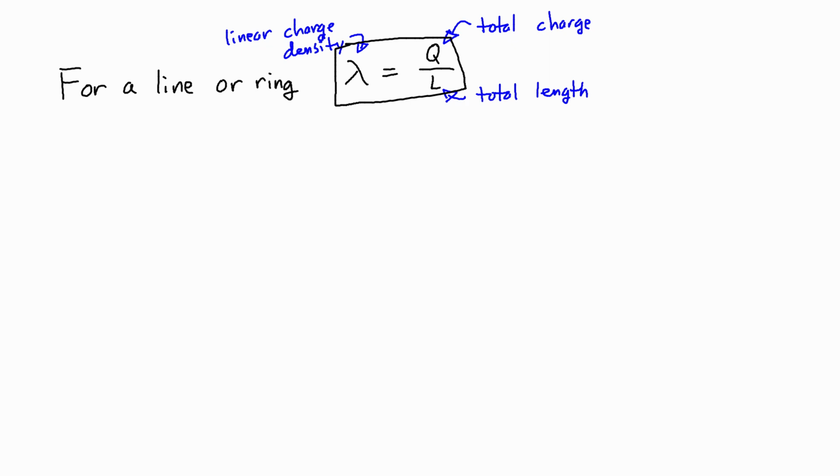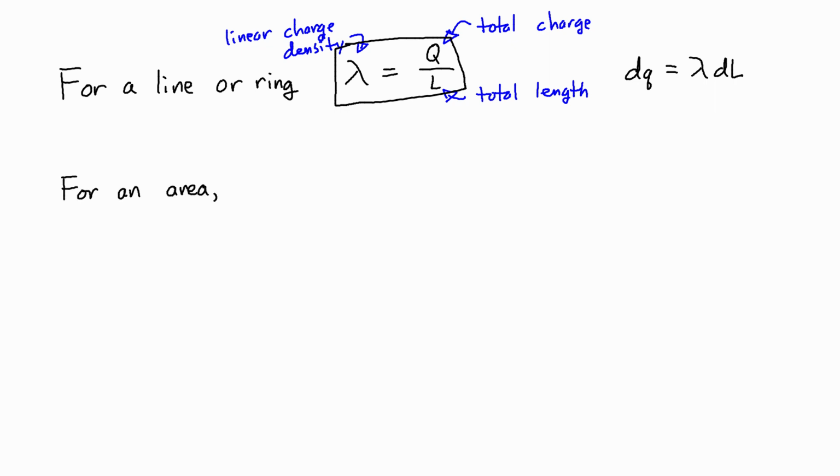And in that case, the substitution that we use to set up the integral is that dq is equal to lambda times dl. And for the example that I just showed, instead of using L as the integration variable, I switched it to r. It can be really any length variable.